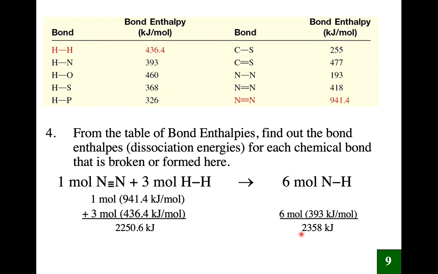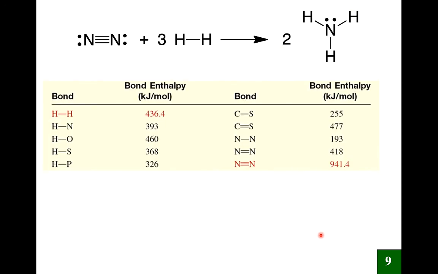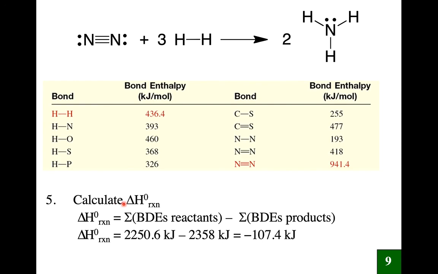I do the math here, I get 2358. Now finally, to estimate this enthalpy of reaction, I take the reactants minus the products, and so this process is again exothermic. We get a negative delta H value out.